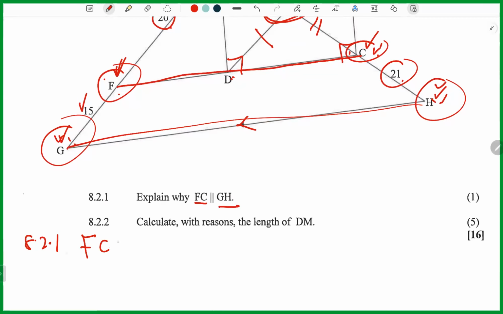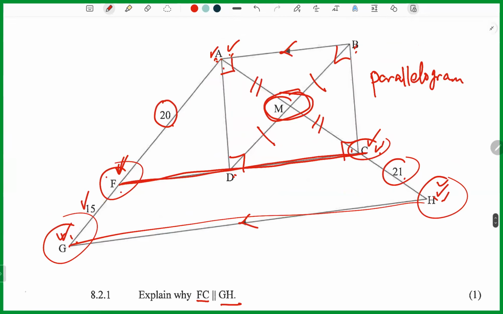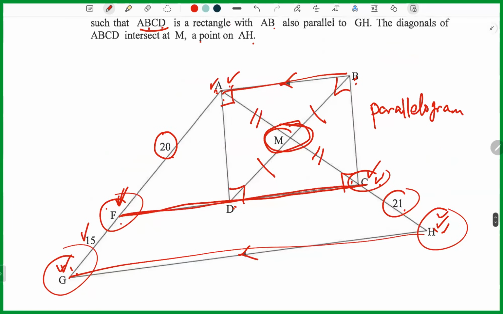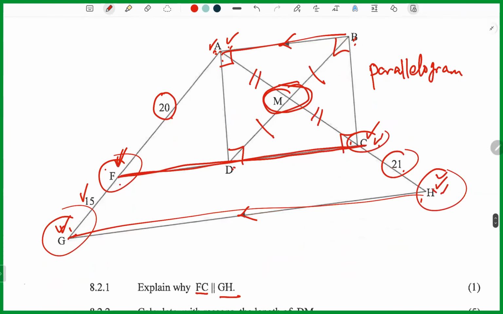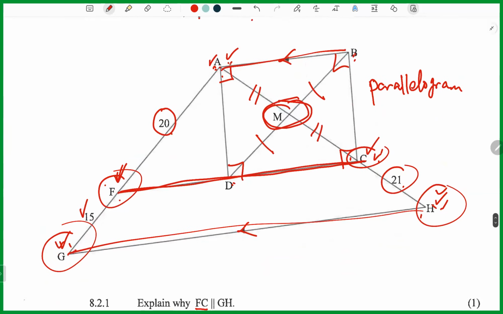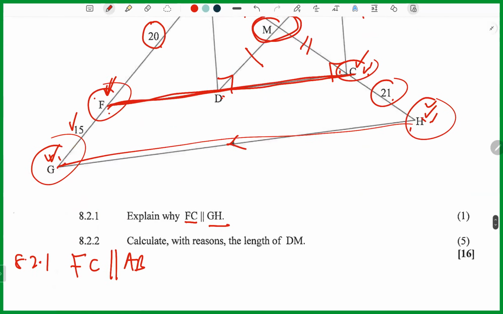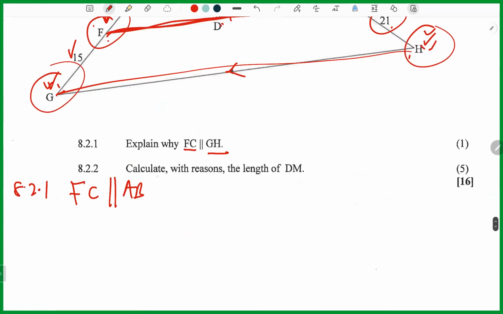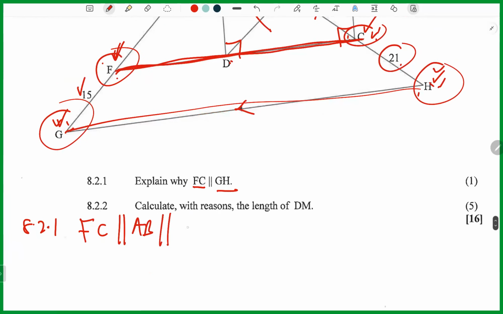We realize that FC itself is parallel to AB because we're given that AB is parallel to GH. But we know that FC, which is this one, is parallel to AB, okay? But AB is also parallel to GH.